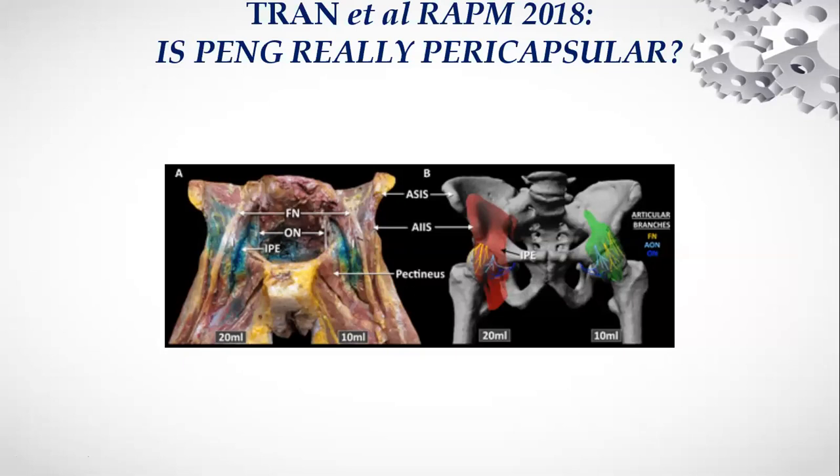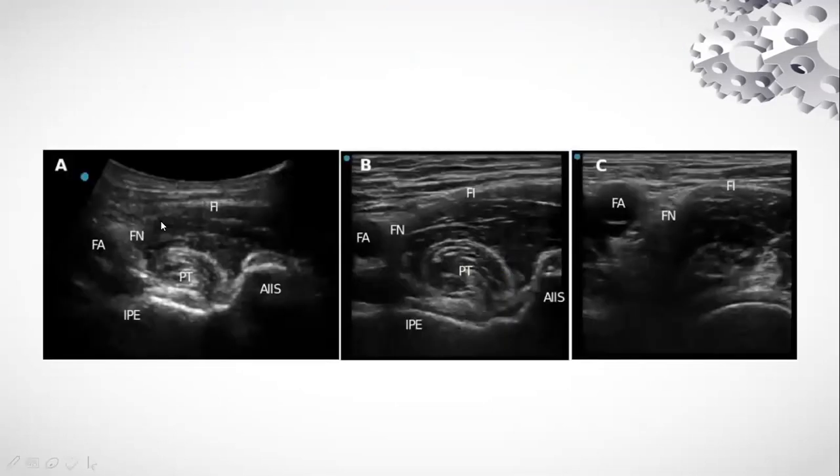By following the same technique and injecting the dye, they found that indeed it was pericapsular, and most of the dye distribution was around the hip capsule region as described and as seen in the cadaveric dissections. Here we see a bit more clearly the psoas tendon, the iliopubic eminence, as well as the AIIS, and our target being here.